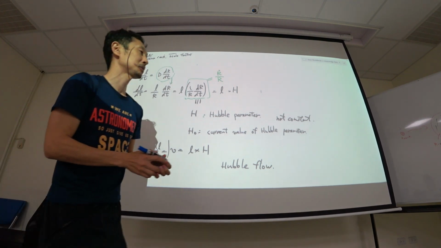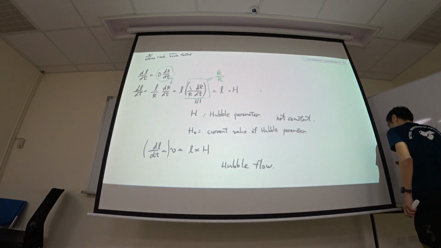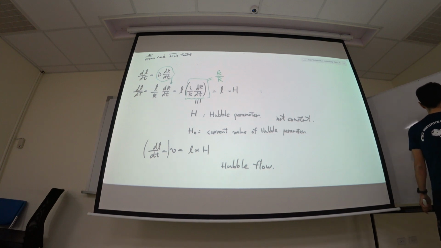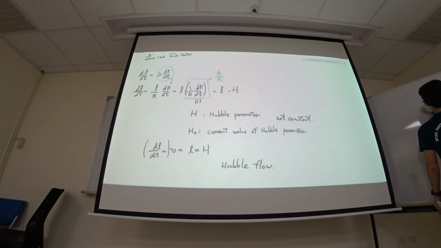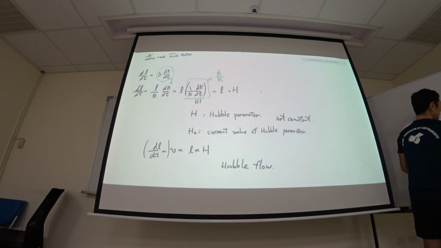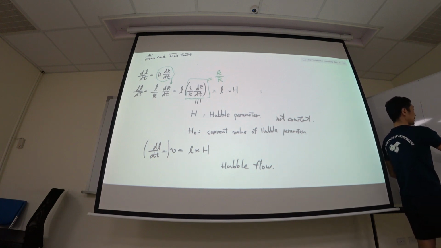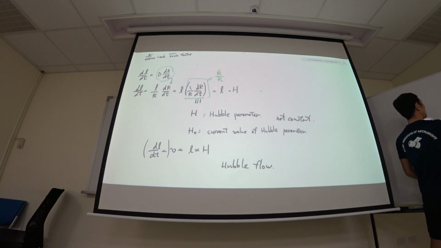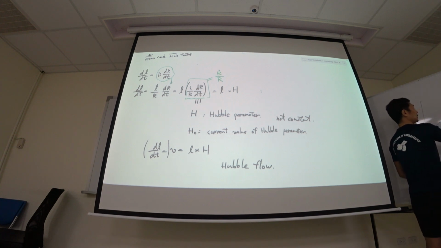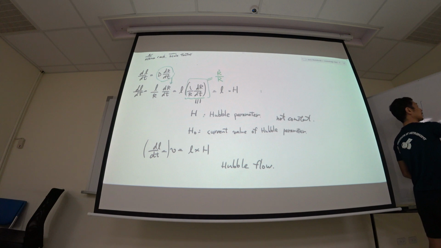The Hubble diagram is something like this. You take distance and velocity, and then you plot the galaxies, and it's like this. So this is the Hubble diagram. And this slope is the Hubble parameter.